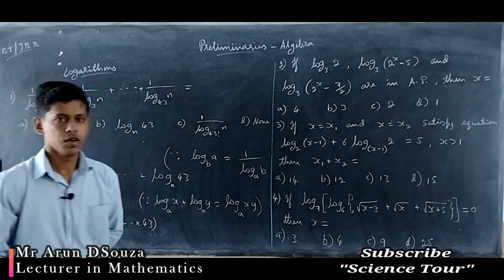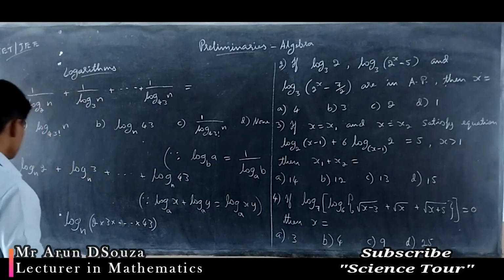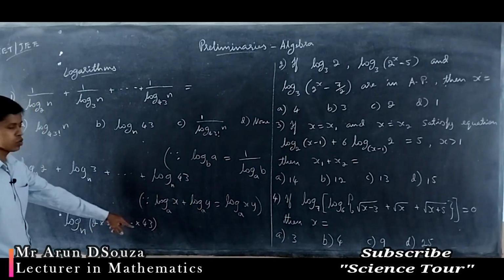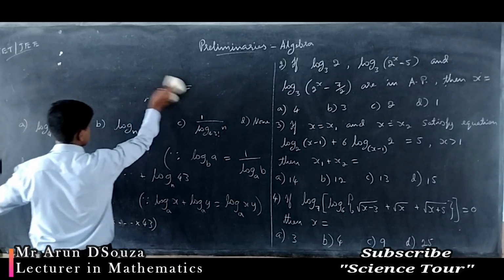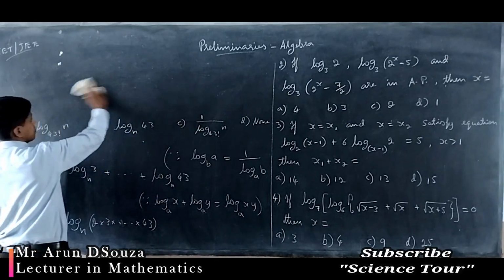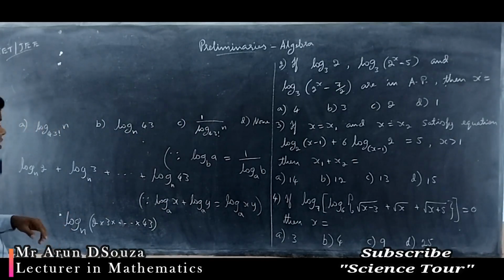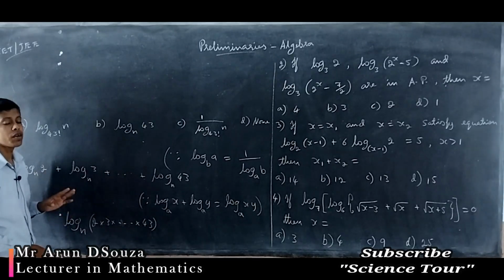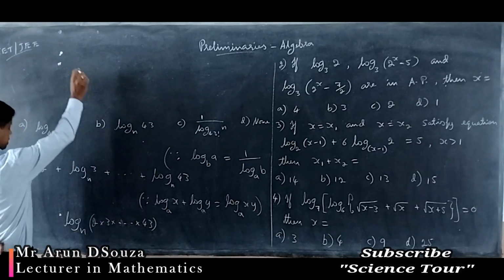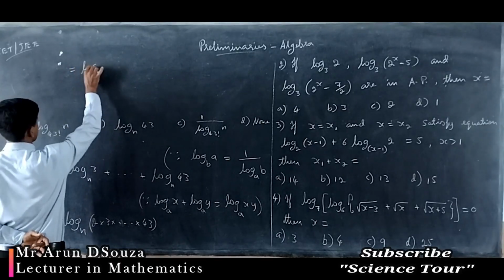Now what is the meaning of 2 into 3 into 43? The meaning of that is 43 factorial. I'll explain this, but let me write it first.